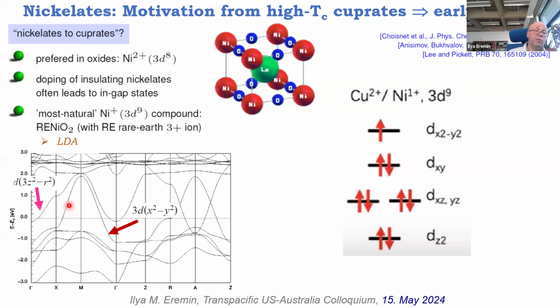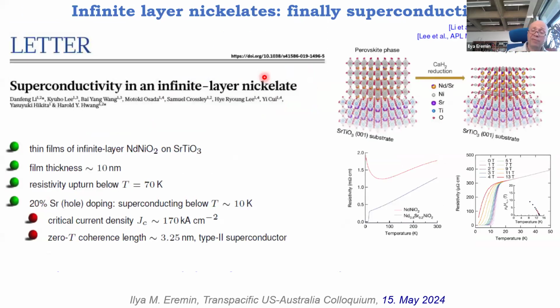And what is actually happening is that there is a 3d_{z²-r²} orbital that is also near the Fermi level. And you need to synthesize this compound. So after this theoretical prediction, it really took more than a decade, almost 20 years, to make an experimental realization.